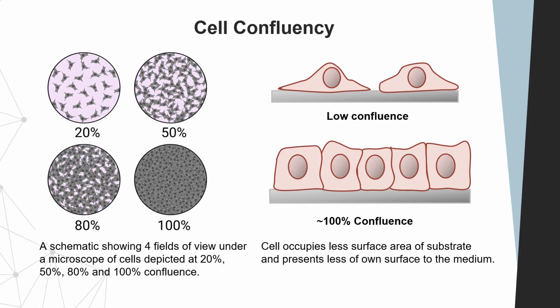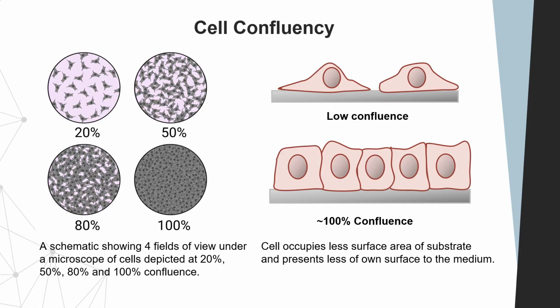So for example, if you look under the microscope and you see half of the surface area of your culture flask is covered by cells, then you would say that the cell population is at 50% confluence.